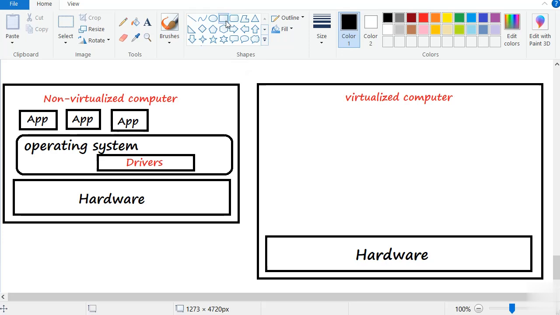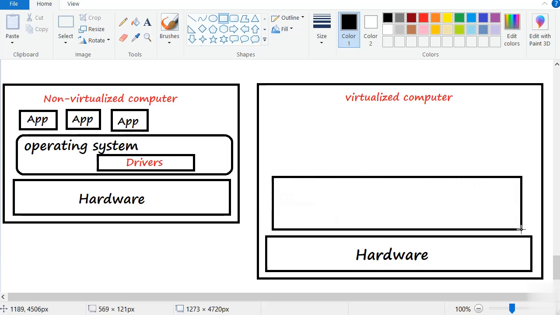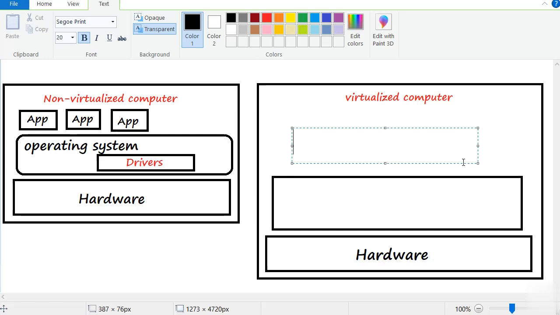Next, instead of a single operating system, virtualized computers will have a virtual machine monitor.